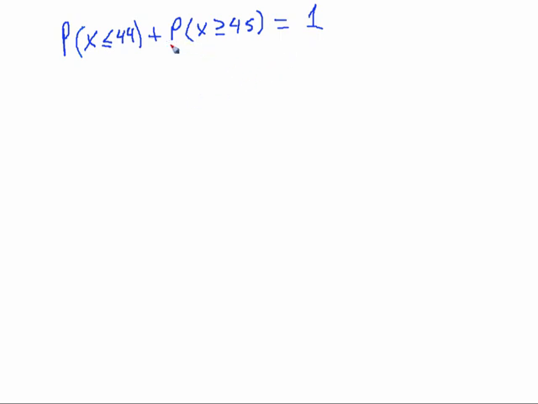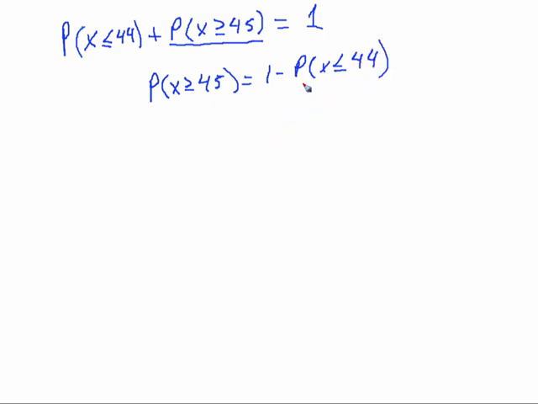So the one we want is this one. So to get that, we're going to solve this equation for that. So the binomial probability of X being greater than or equal to 45 is equal to 1 minus the probability of X being less than or equal to 44. All right, cool beans. Now, why did we solve for that? Because the calculator can do this one for us.